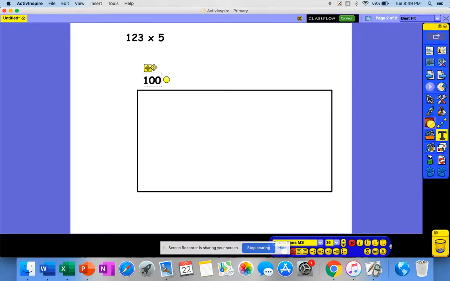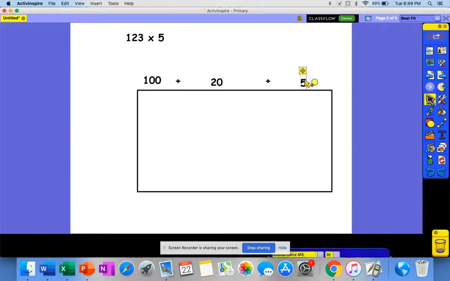So I have 100 plus 20 plus 5. Okay, so that is the expanded form of 123.